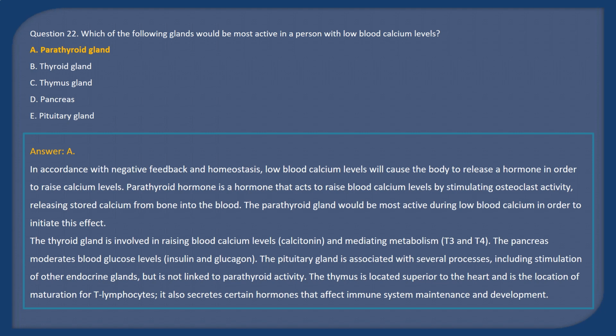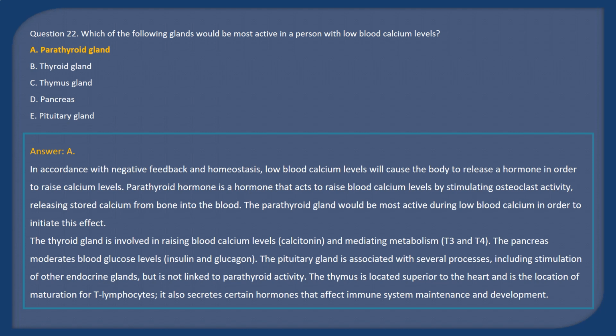effect. The thyroid gland is involved in raising blood calcium levels, calcitonin, and mediating metabolism, T3 and T4. The pancreas moderates blood glucose levels, insulin, and glucagon.